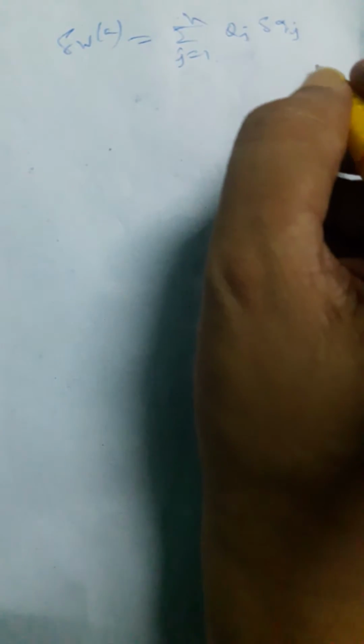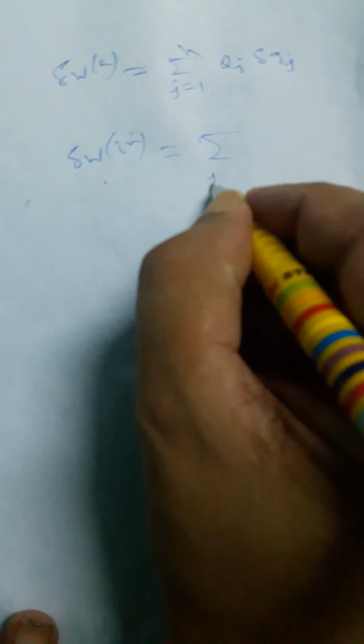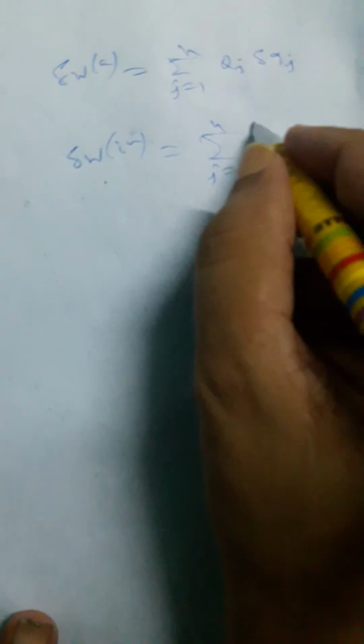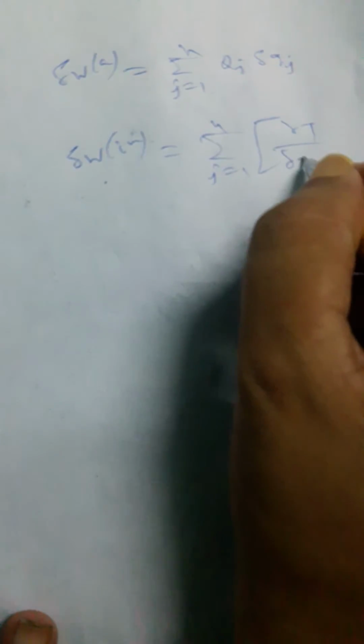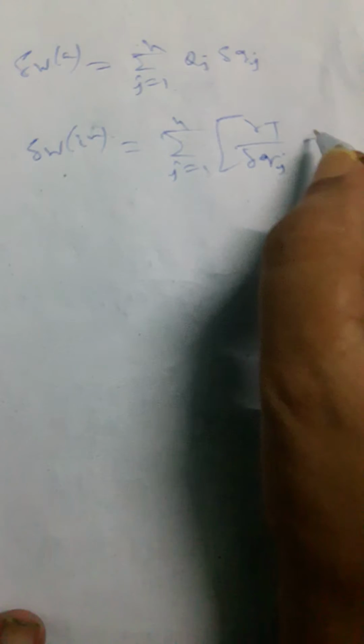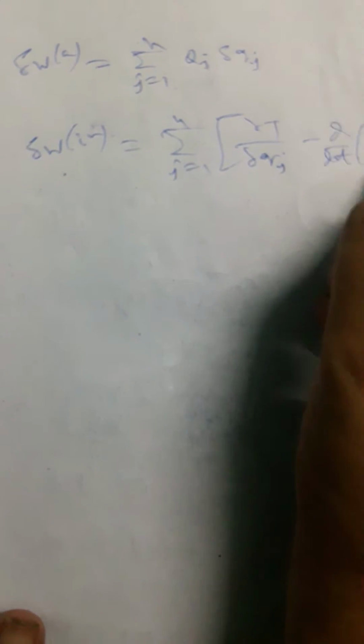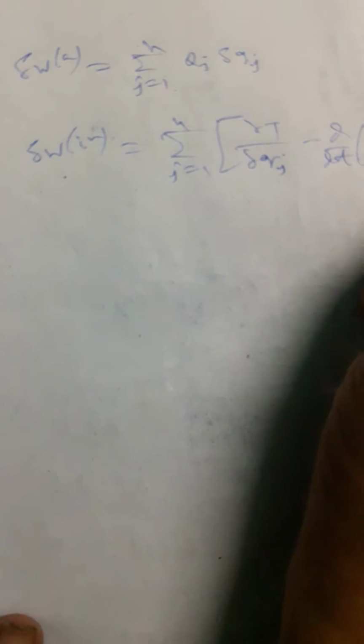Rewrite the equation 6 once more, and here δW inertial forces, that is the sum of j equals 1 up to n, ∂T/∂qj minus d/dt of ∂T/∂q̇j into δqj.